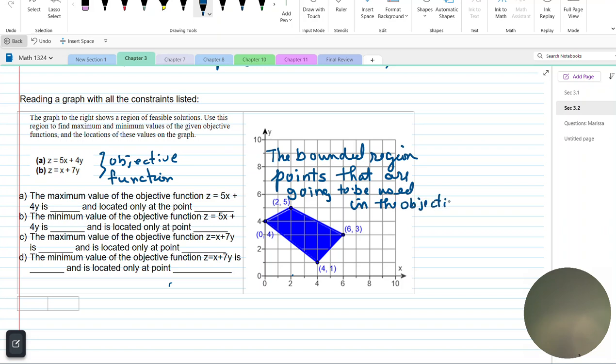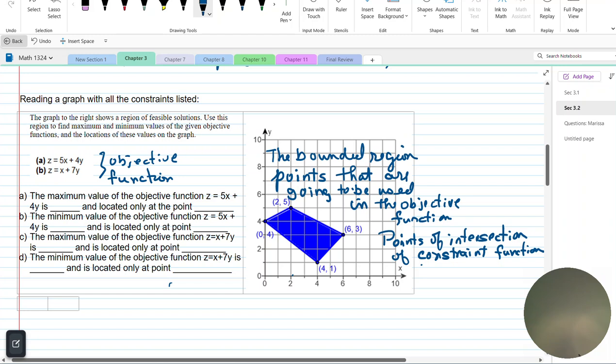We need these points because these are vertexes where all of the constraints intersect, the points of intersection of the constraint functions. And of course, I'm talking about inequalities.